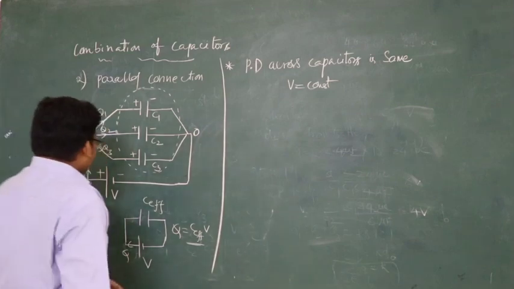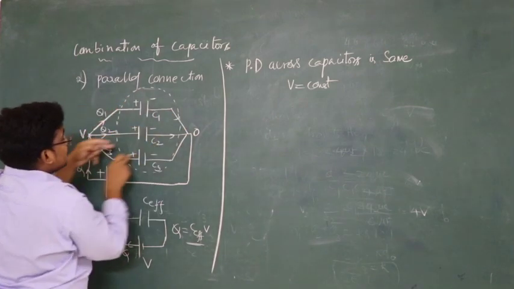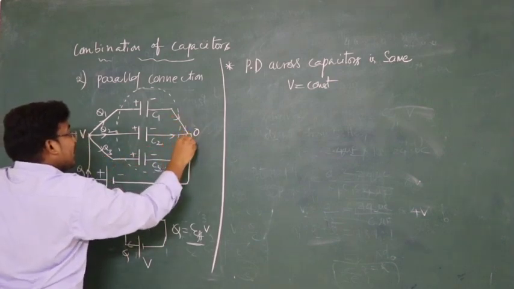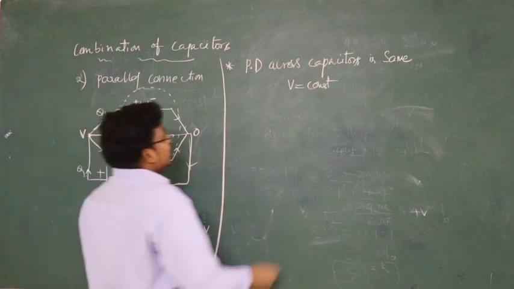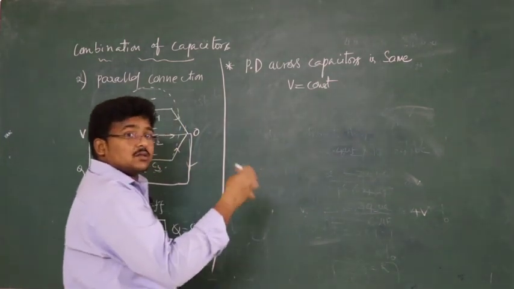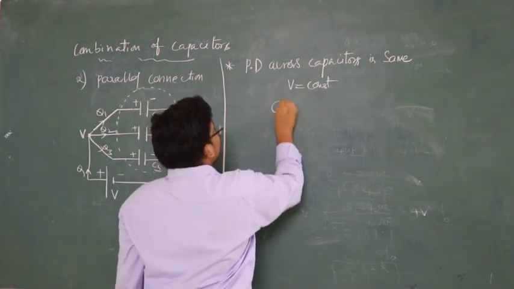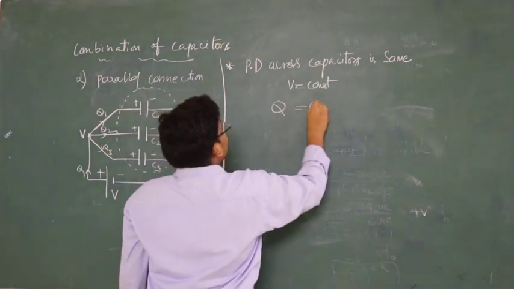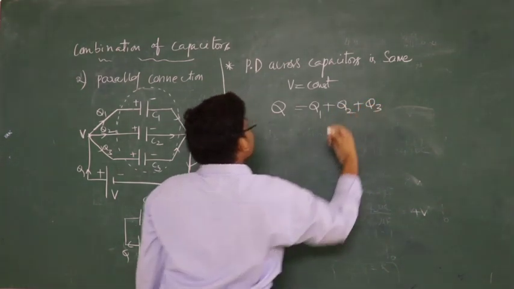Again they have to come into the cell. So the sum of the charges passing through each capacitor will be equal to the net. So Q is equal to Q1 plus Q2 plus Q3.